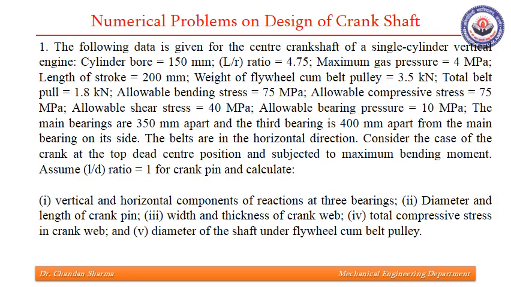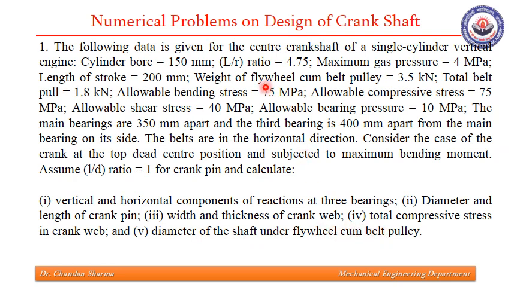Here comes first question. In this question, we need to calculate the reactions at the three bearings of a center crankshaft, diameter and length of crank pin, width and thickness of crank web, and total compressive stress induced in the crank web, along with diameter of shaft under flywheel cum belt pulley.